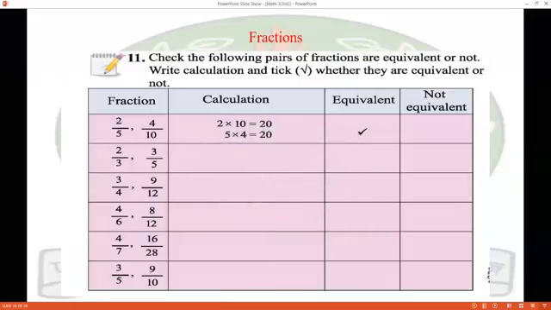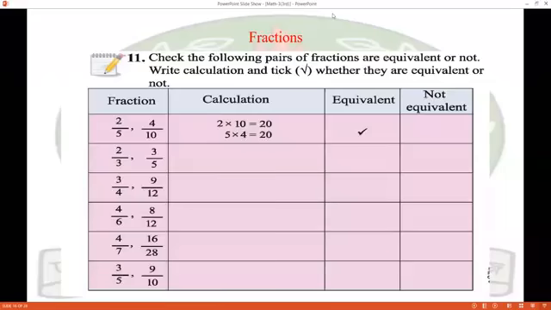And here you have to check whether the given two fractions are equivalent or not. If they are equivalent, you have to write a tick mark in the equivalent row, or if not equivalent, then you have to write a tick mark in the not equivalent row.